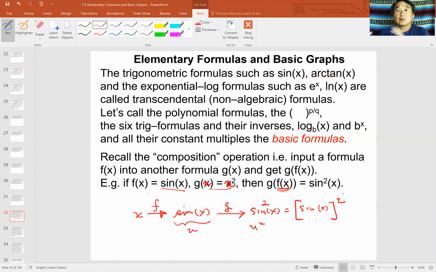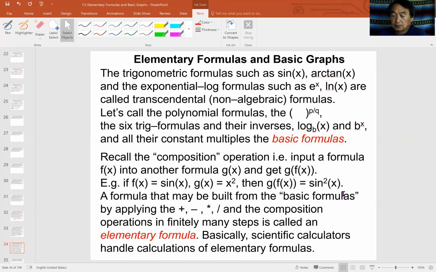But when you finish, you wind up with this two-layer formula, sine of x being squared. Of course, I can make a three-layer, four-layer, five-layer formula. Now you've got the idea. I can add different layers to other formulas, feeding one into another, and so I can build complicated formulas with compositions and the algebraic operations.